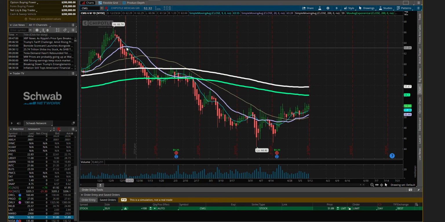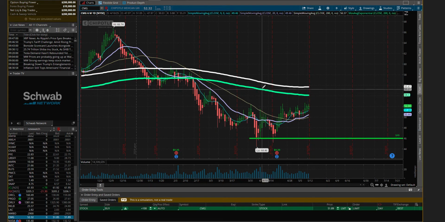We know it respected the 20 as a resistance area on the way down. It kept hitting this area, selling off, and then as it started to roll over or find its bottom, it started to taper off and become more of a support. Overhead resistance, and we're still technically in a bearish market.